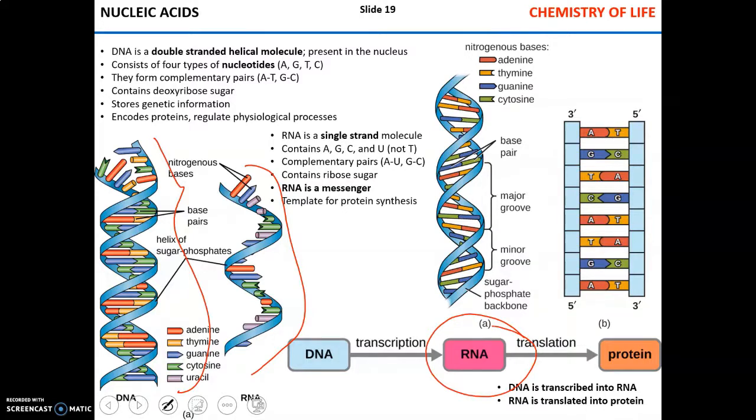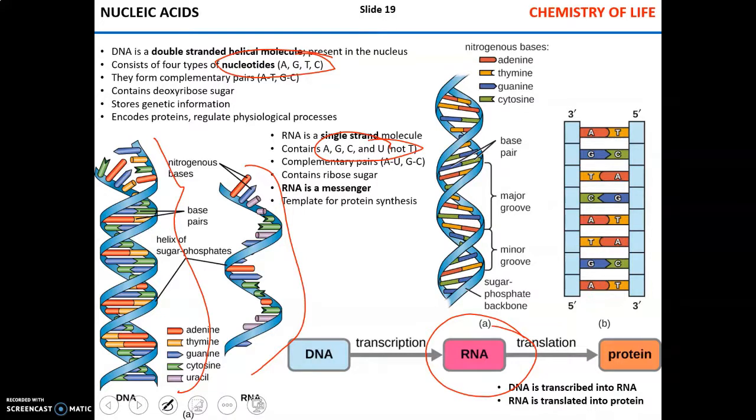Nucleic acids consist of nucleotides. DNA consists of 4 nucleotides: A, G, T, and C, adenine, guanine, thymine, cytosine. RNA, instead of thymine, contains uracil, so A, G, C, and U. The nucleotides form complementary pairs.